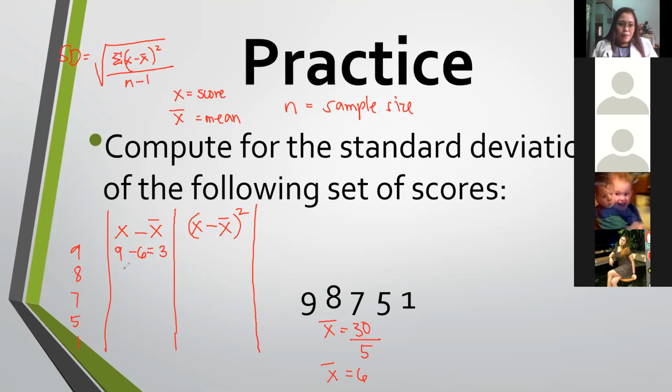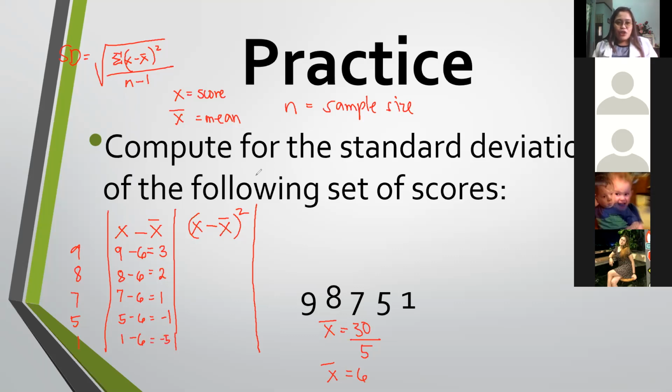Then 8 minus 6, the same thing, is 2. Then 7 minus 6 is 1. Then 5 minus 6 is negative 1. And then 1 minus 6 is negative 5.